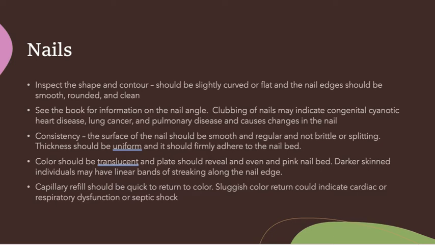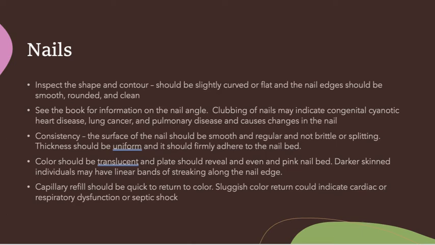I do want you to take a look at your book about the information on nail angles, because as the nail angle changes, this can be a sign of an underlying disease process, such as clubbing, which occurs in congenital cyanotic heart disease, lung cancer, and pulmonary disease. So the nail can be a sign of an underlying disease process, and we want to pay attention and understand what that might look like.